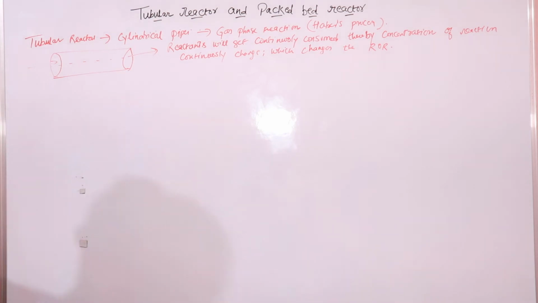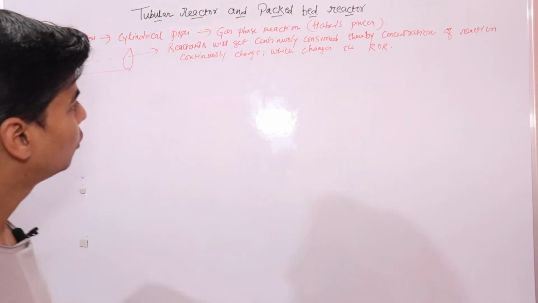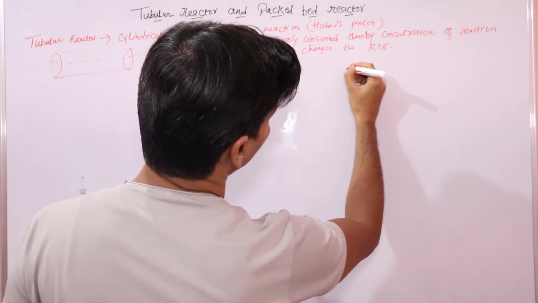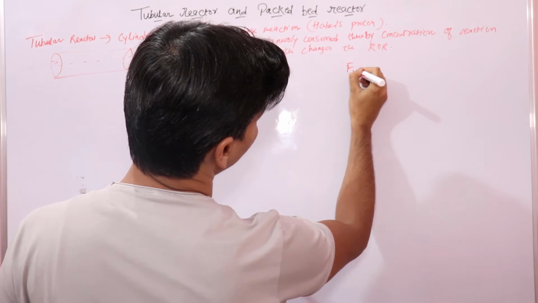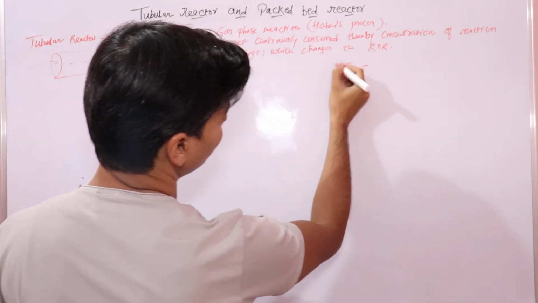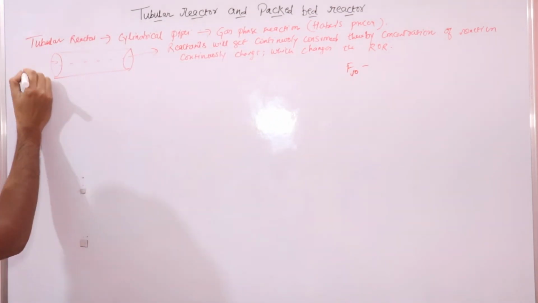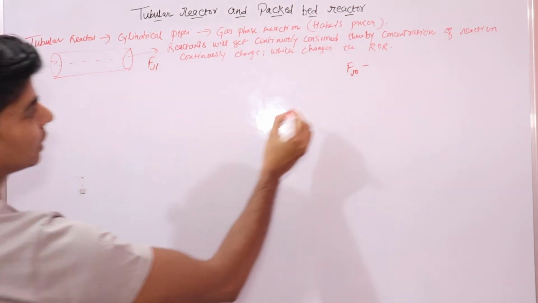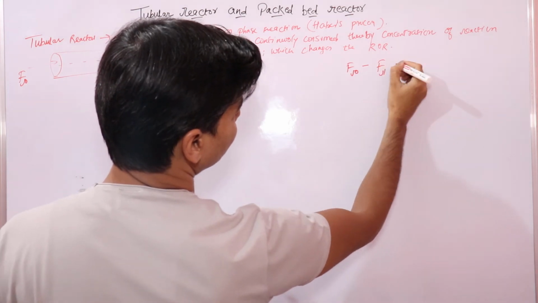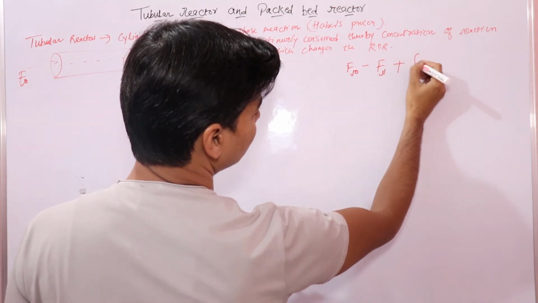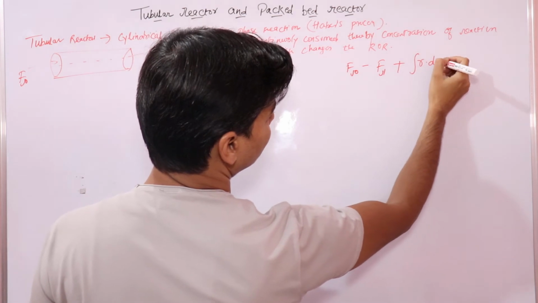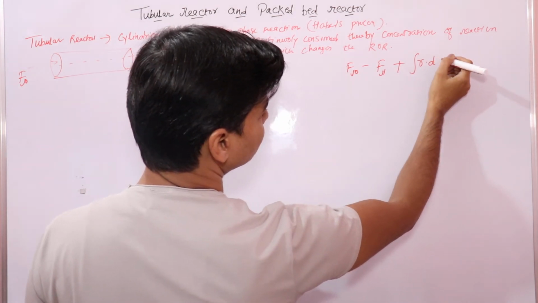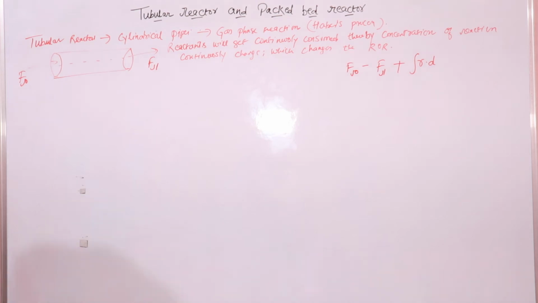So in order to find the mole balance equation: the mole balance equation says that what is going in, Fj0, minus what is coming out, Fj, plus the rate of generation, G, is equal to the rate of accumulation.